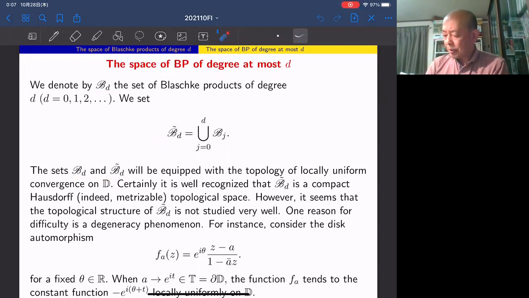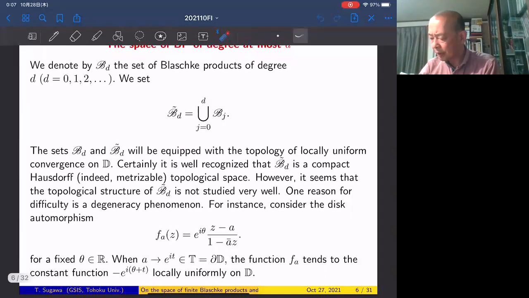Probably it is well known that this space is a compact Hausdorff topological space, but I think the topological structure of the space is not well studied. At some time I was interested in the topology, and then I came to the present study.